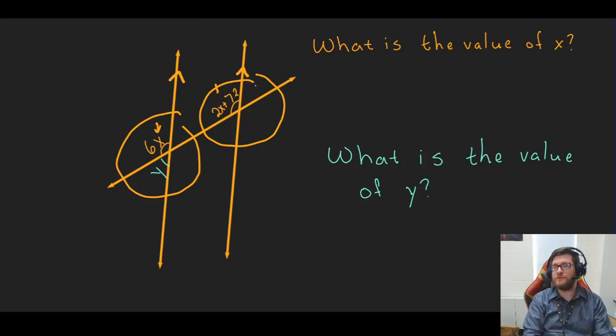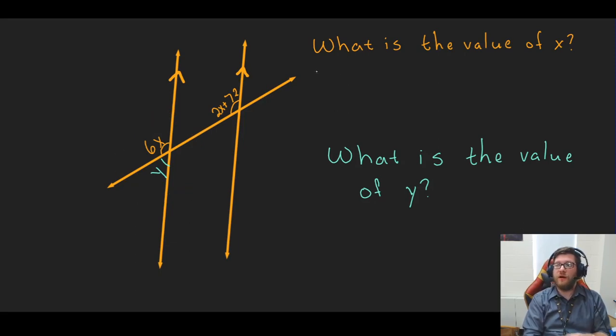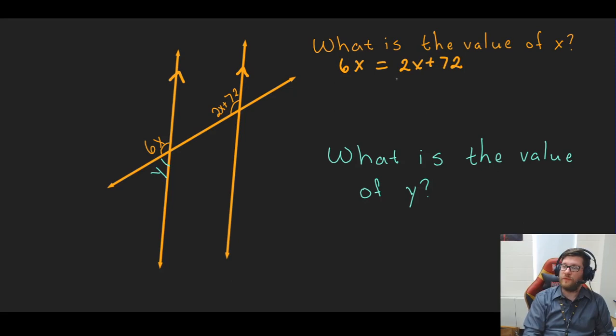All right. So 6x and 2x plus 72 are corresponding angles, which means they're congruent. So we can say 6x should be equal to 2x plus 72. All right. So now we're going to solve this and get x by itself.